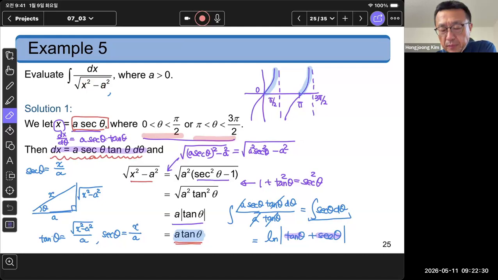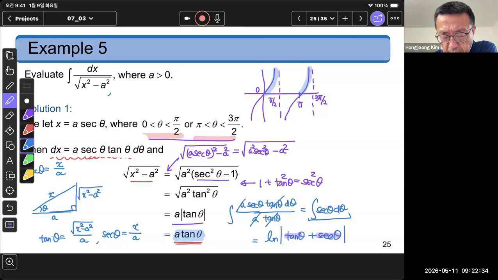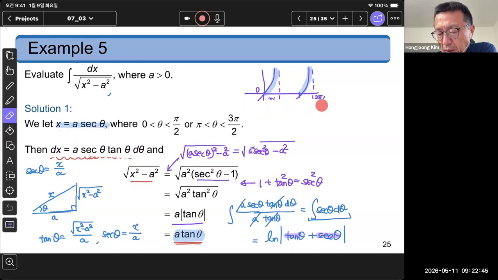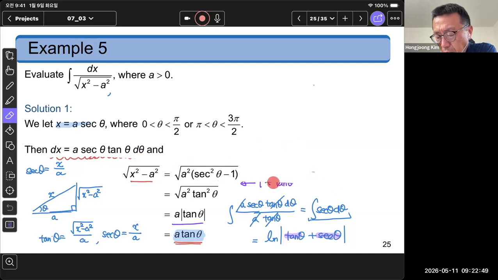For this problem, I considered x equals a secant theta. That's what I used. But what if I consider a different approach?